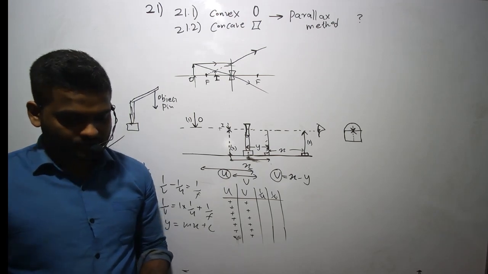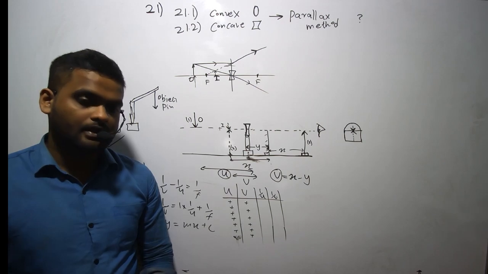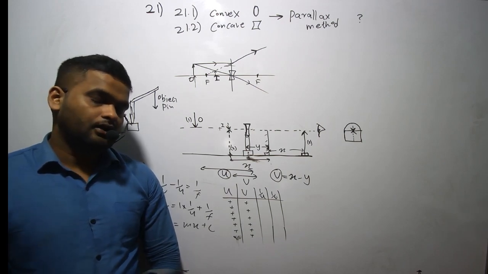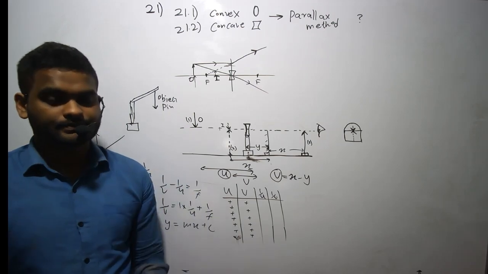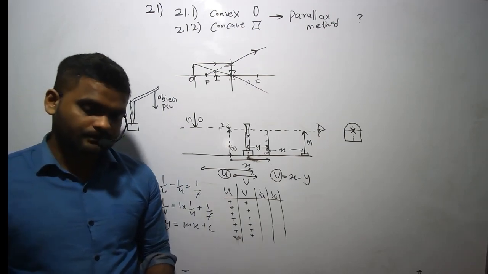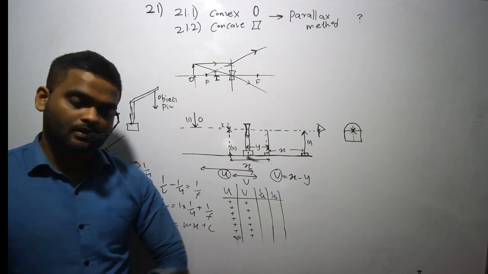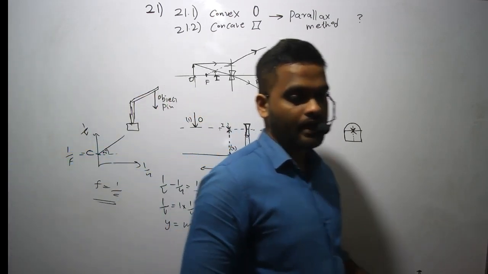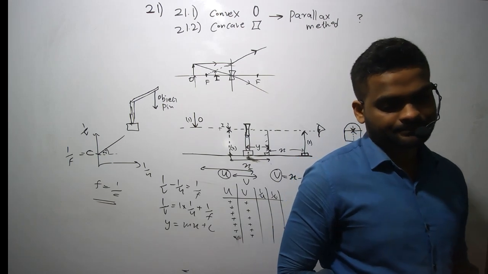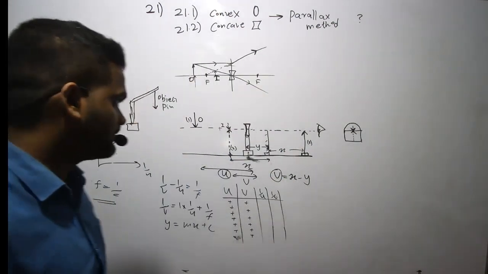To get that, u values also should be well spread. U values also should be well spread, right?